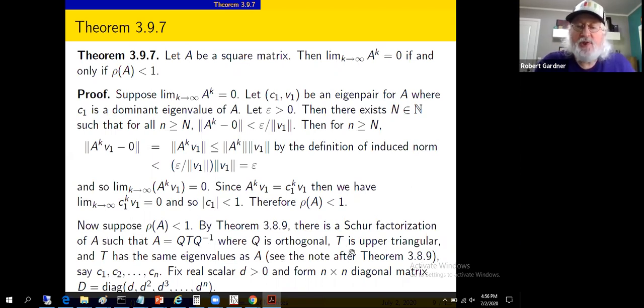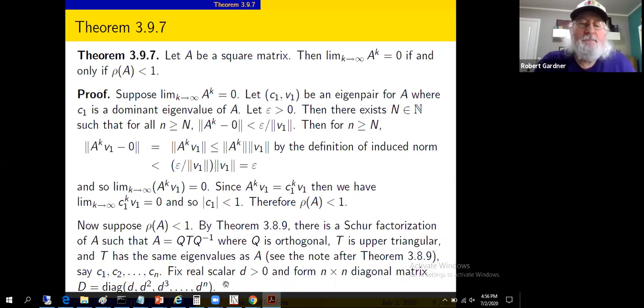And we had the situation there where the T was, let's say it correctly, upper triangular, and T has the same eigenvalues as A. So all of that was a Schur factorization of matrix A. Suppose those eigenvalues of A are c1, c2 through c sub n. We'll need to refer to them specifically here shortly.